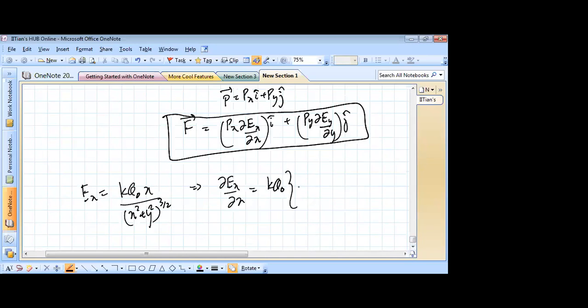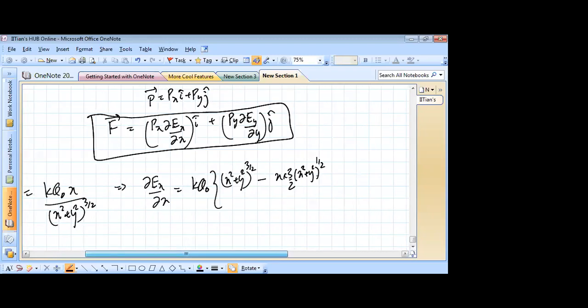Now we will have denominator into derivative of numerator minus numerator into derivative of denominator, whole thing divided by denominator squared.